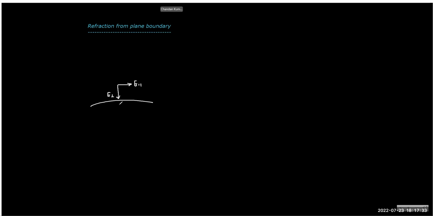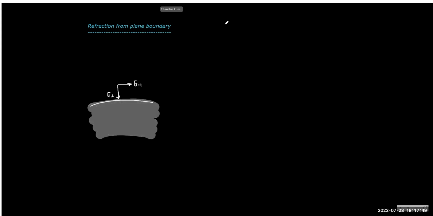So while going from one side to the other side of the boundary, let's say we have a boundary like this. The moment you enter from one side to another side, what really happens?